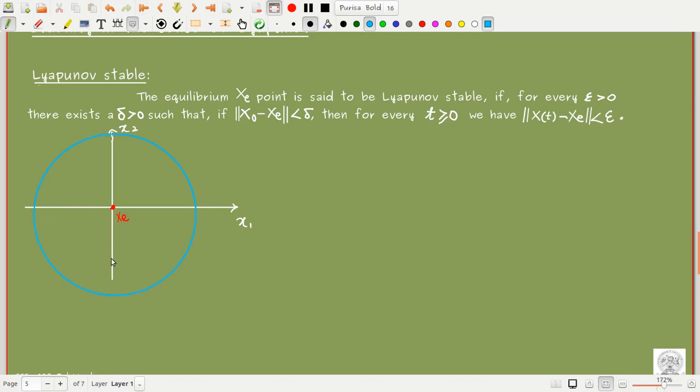This is in fact a very small ball, though I have drawn it as a big one. Then, to speak about the stability of xe, you should be able to give me a delta greater than 0 where my initial condition lies.